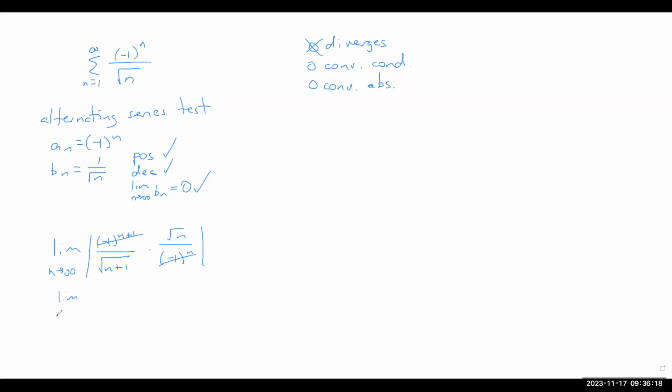So the limit I really get is radical n over radical n+1. As n gets very, very big, those are going to get closer and closer together, so that's going to go towards 1. So the ratio test doesn't help.